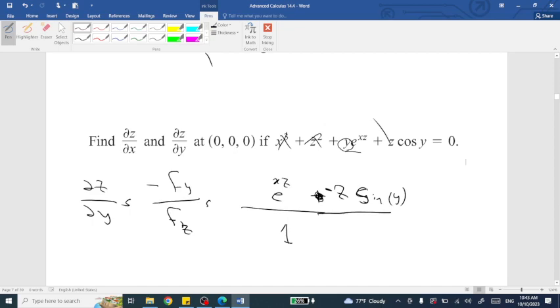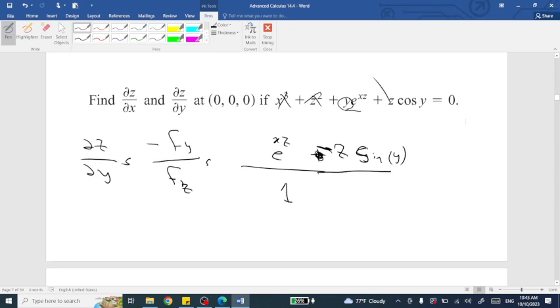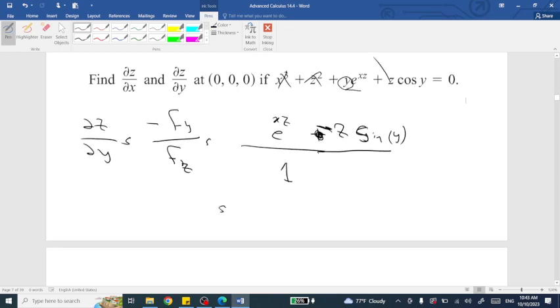Am I right, jamaat? Clear. Now 0, e to power 0, I'll get what? Yes. e to power 0 minus x, we get minus 1 over 1, and so on.